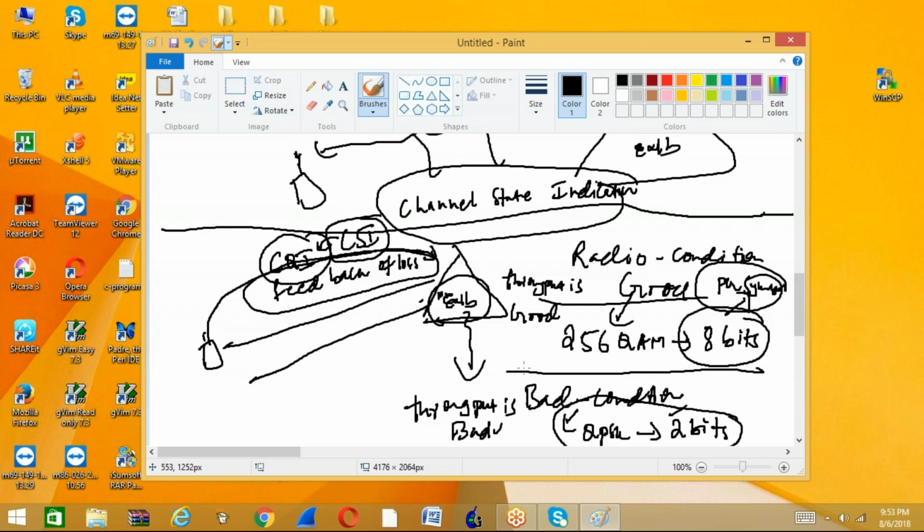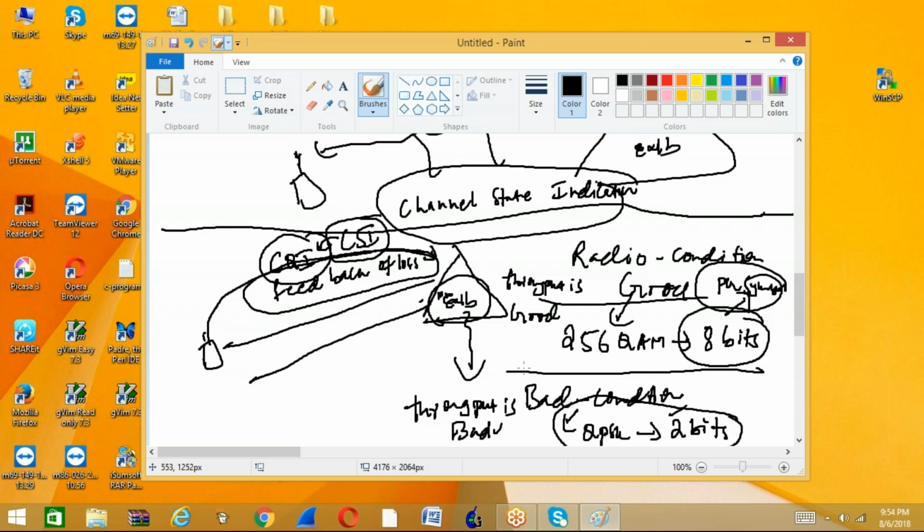If presuming for bad radio conditions also, we would have got some new technique where we can use 256 QAM and pump 8 bits, there is no need of these DT engineers, because for bad radio conditions also I am getting the same throughput, and for good radio conditions also I am getting the same throughput. So ultimately there is no need of any good or bad radio signal, any radio signal I am getting.